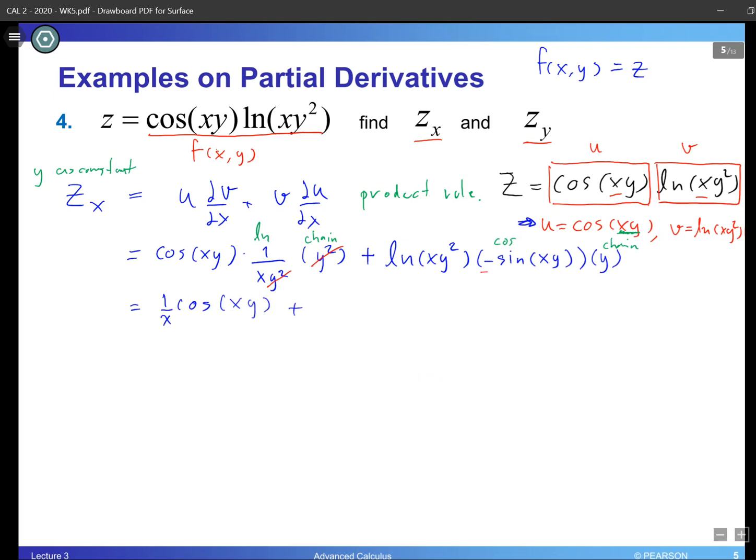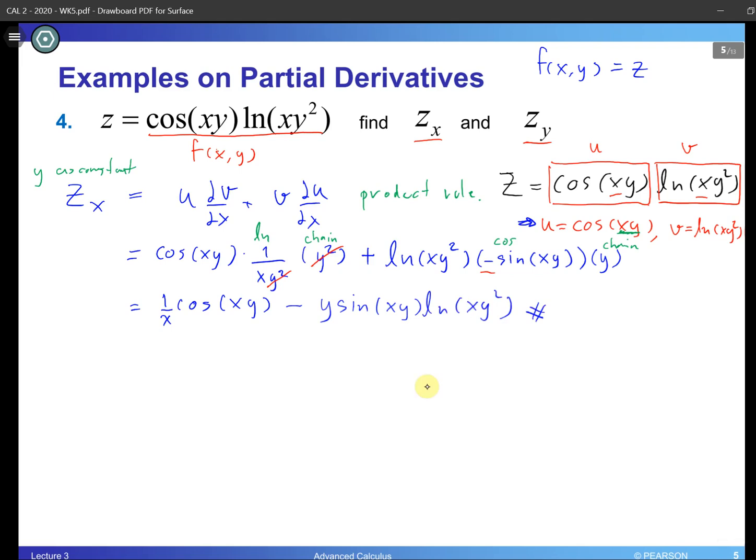Definitely we have this minus sign, so I'm going to bring it to the front, so this plus sign becomes minus: minus y sine of xy times ln of xy squared. And that is the answer for z with respect to x.